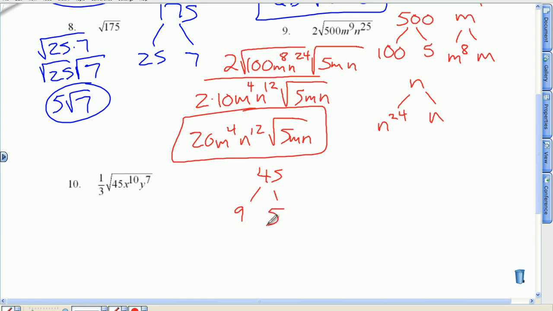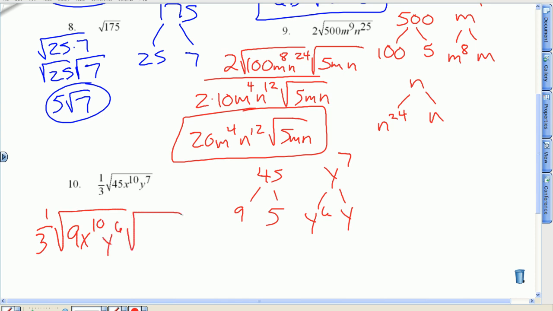X to the 10, I can take the square root of that, so I won't worry about breaking it up. Y to the 7th is y to the 6th times y. So I got my 1/3, 9, x to the 10, y to the 6th. What I cannot take the square root of, I have that 5 and that y here, 5y.